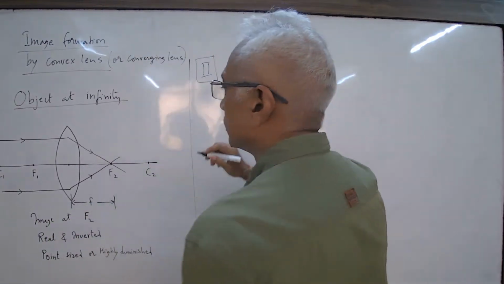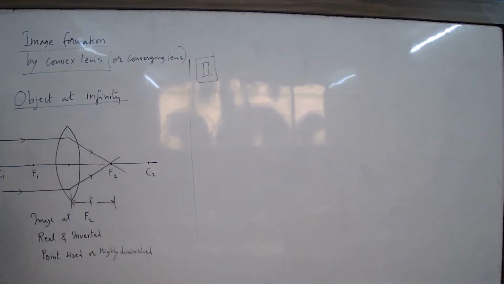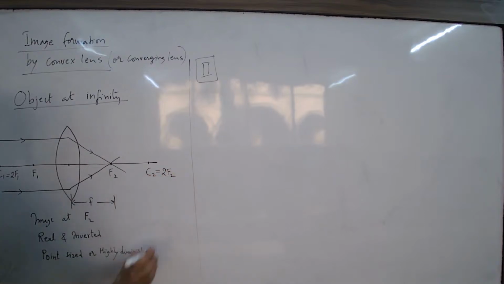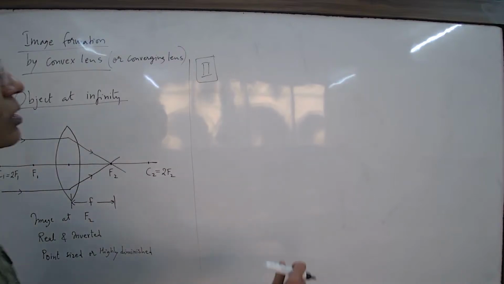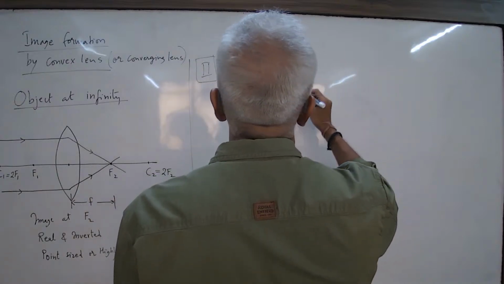Beyond here. Yes. So this C1 can also be written as 2F1. C2 is 2F2. It is twice, its midpoint, right? So instead of C1, we can also write 2F1. The textbook is following 2F1, we also follow that.